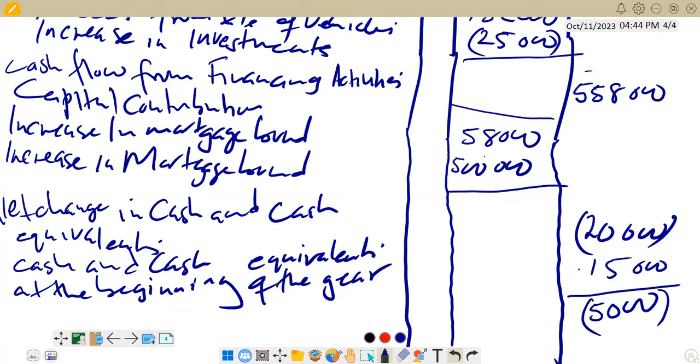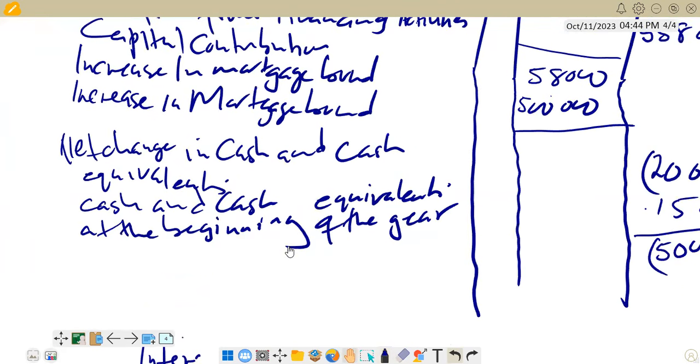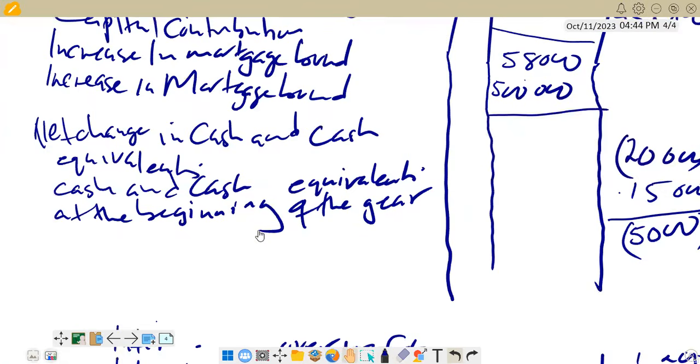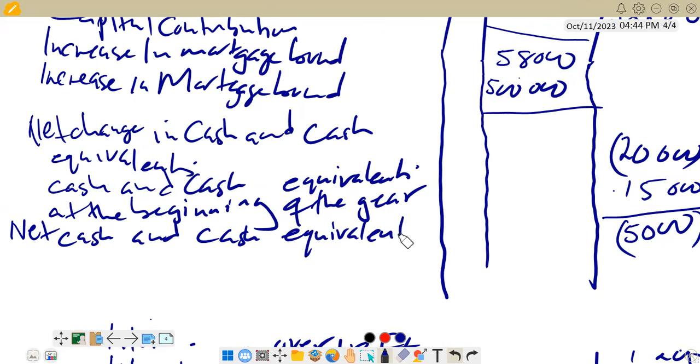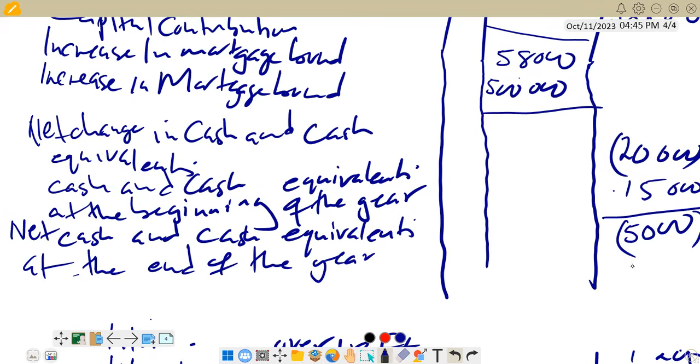Then the figure that we get there is now net cash and cash equivalents at the end of the year. So this figure that we get here is the final figure in the statement of cash flow.